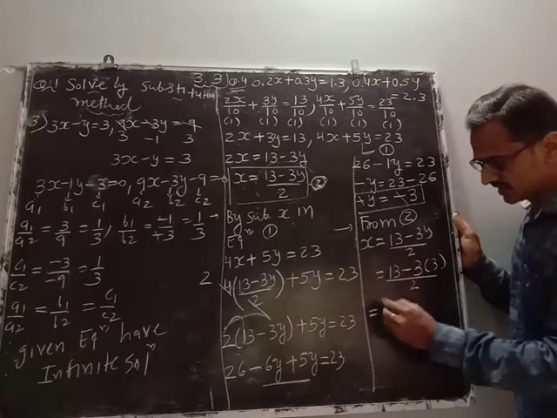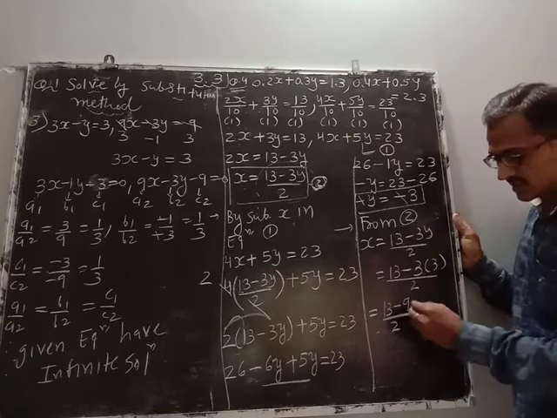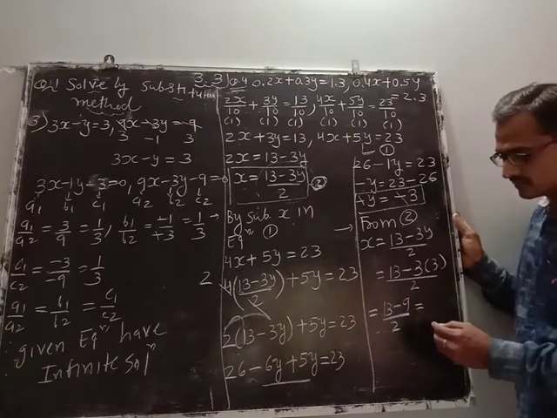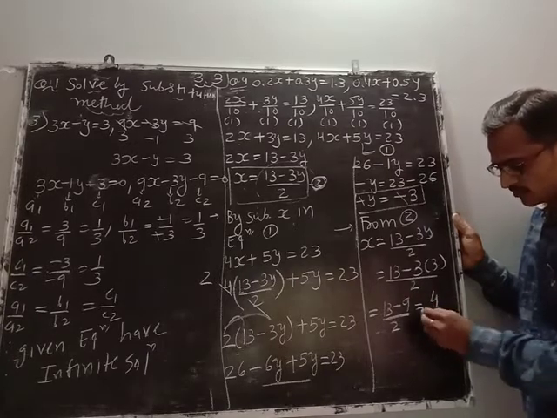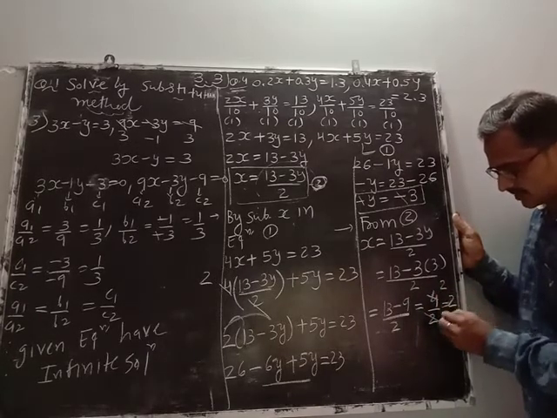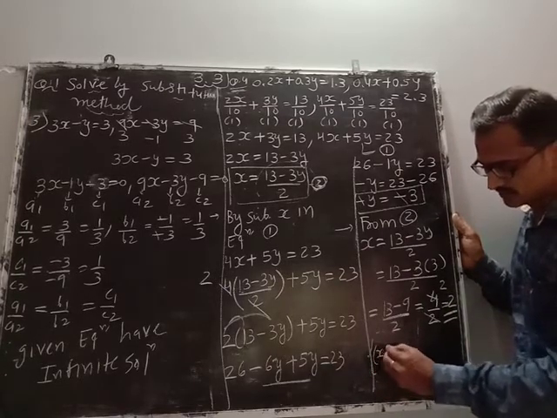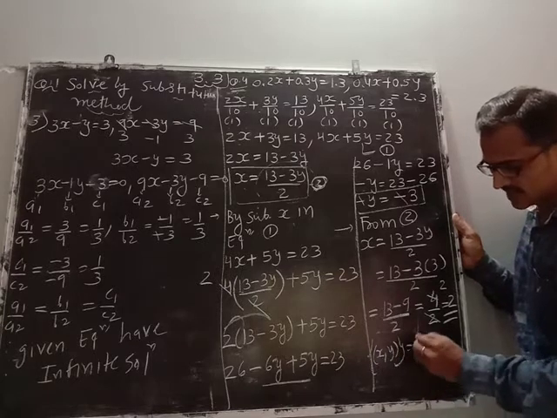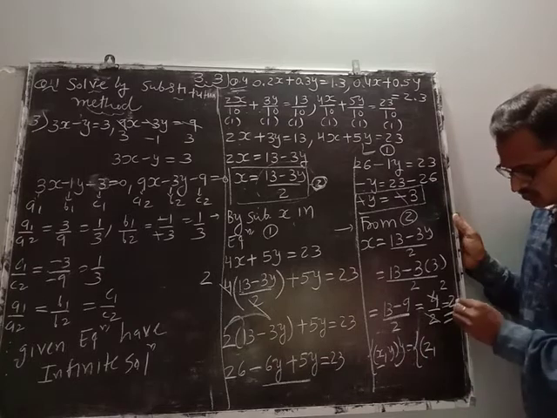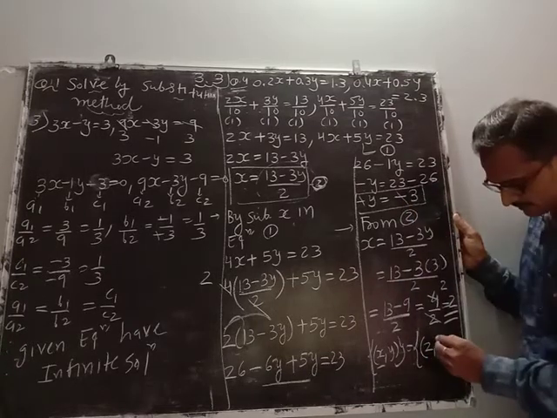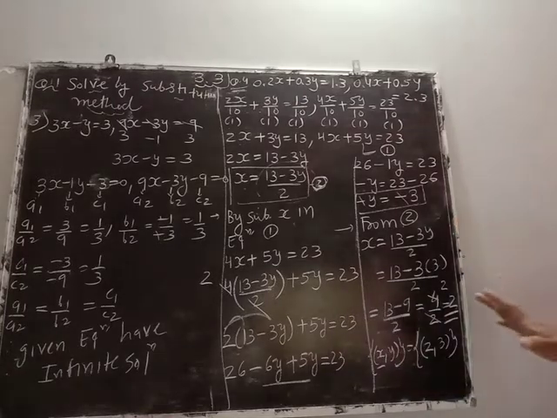So it will be 13 minus 9 by 2. 13 minus 9 is 4, divided by 2. So we'll have 2. So here we have the solution x, y: the value of x is 2 that we have found, and the value of y is 3. So this question number 4 is solved.